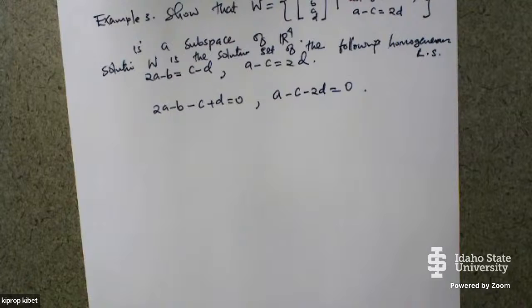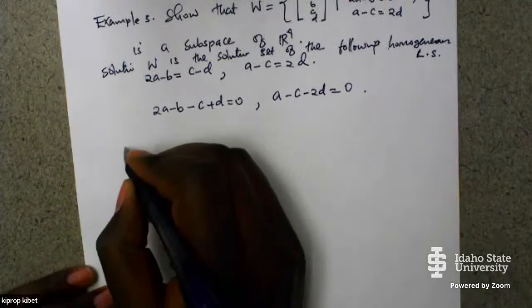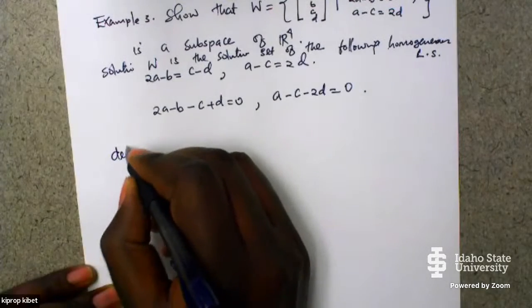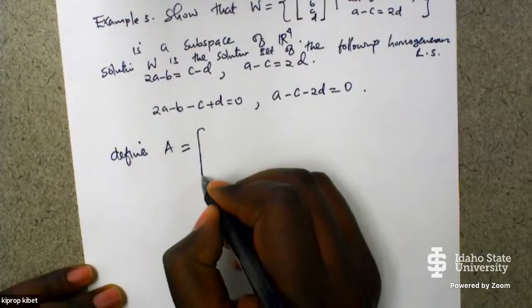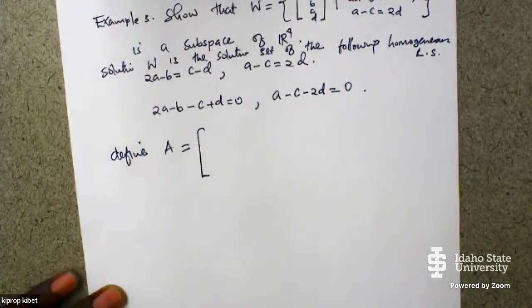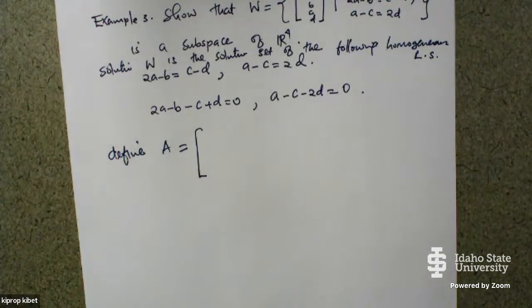Now, therefore, we can define our matrix A. We take the coefficients of this and form the coefficient matrix.